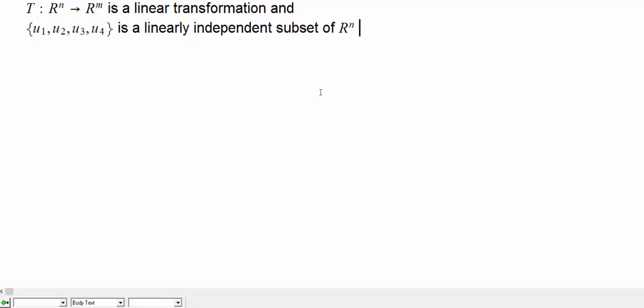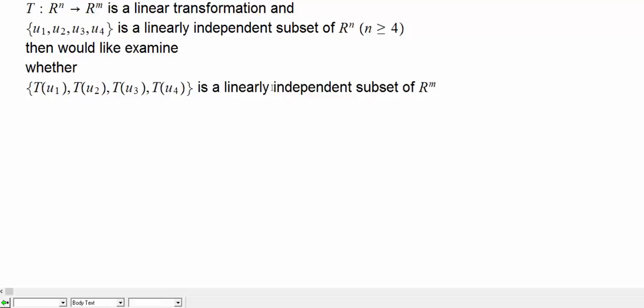Now, since we are looking at linearly independent here, remember that our n has to be greater than or equal to 4 if we have 4 linearly independent vectors in Rn. So then what we would like to examine is whether the direct image of these vectors is a linearly independent subset of Rm or not.